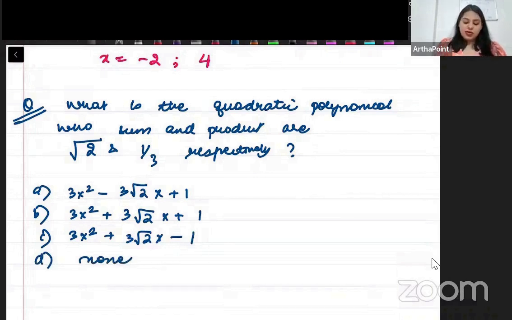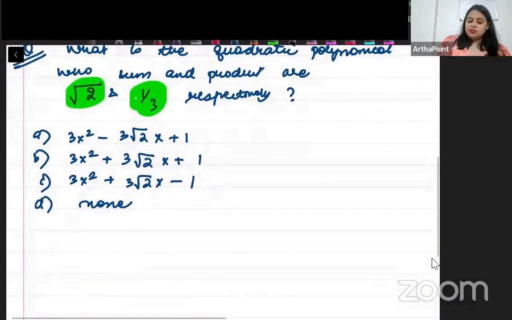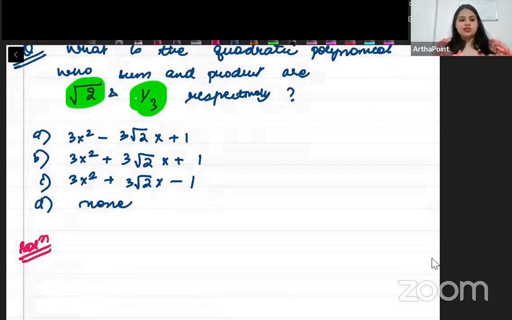Take a moment, try to do this question yourself. So you have to give that quadratic polynomial whose sum and product are given to you. So sum is root 2 and product is 1 by 3. Please go ahead and try this.